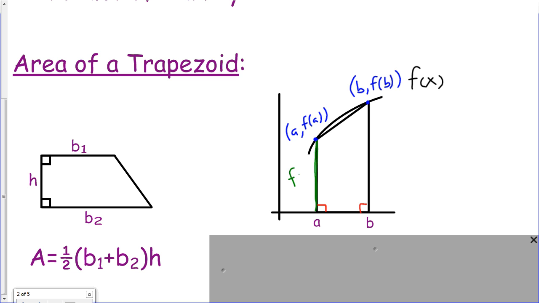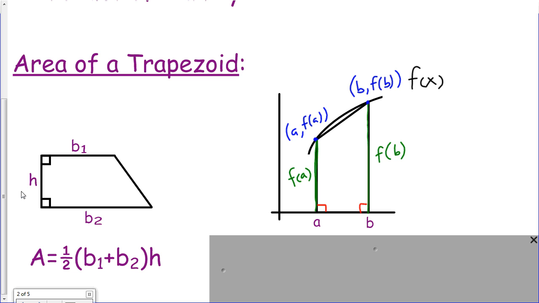So in other words, f of A is actually base 1, B1 from our original trapezoid. And I can do the same thing over here at B: f of B tells me the length of that second parallel side, base 2.